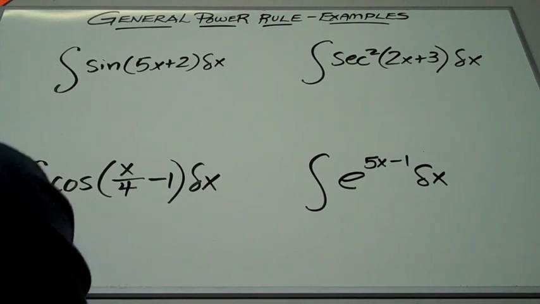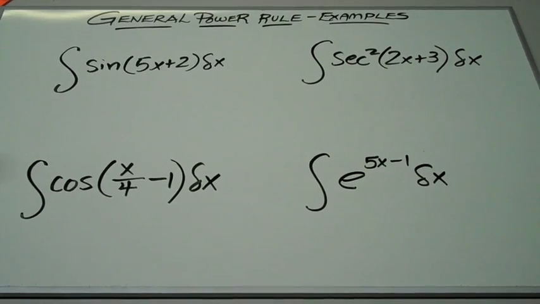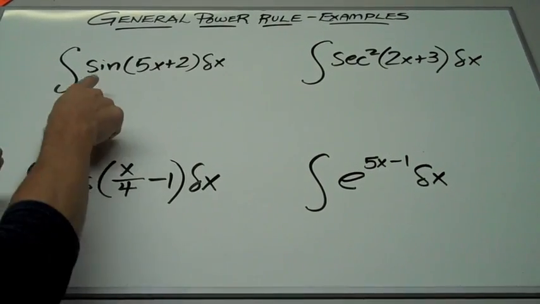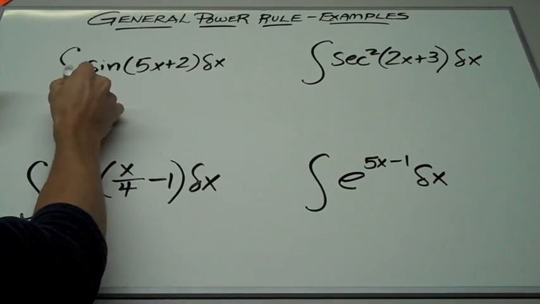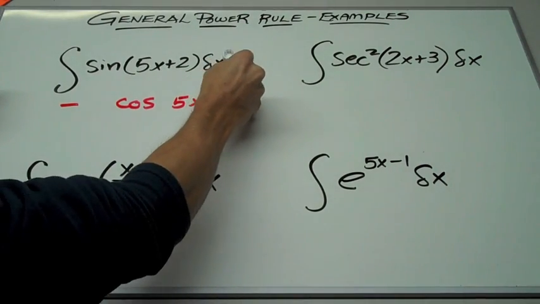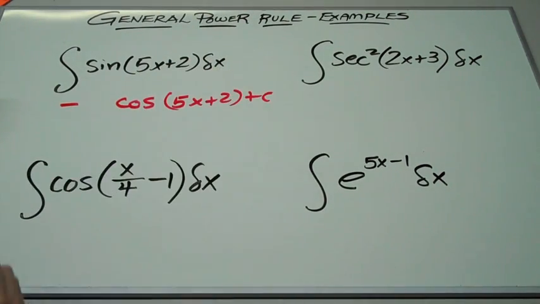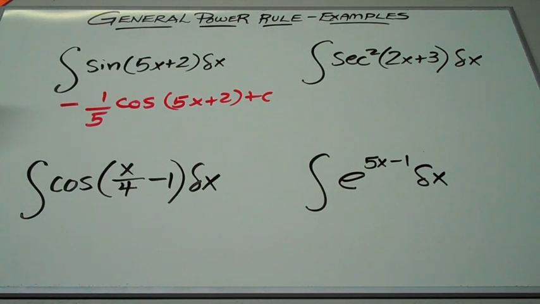Using the rules that we talked about earlier in the lesson, I would hope that these problems would be relatively simple. You have to recognize that this is the integral of sin(ax + b). Again, it's x to the first power, which will give you negative cosine(5x + 2) plus c times 1 over 5, which is the coefficient of the x.